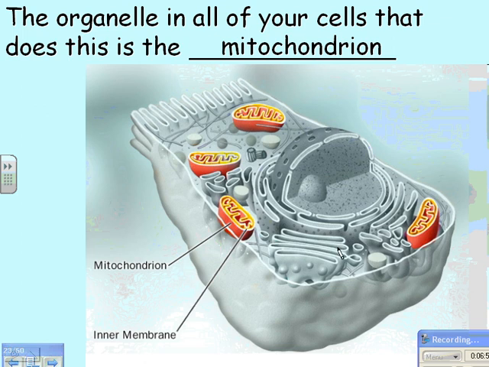There are a bunch of other organelles in here. You've got the Golgi body, the endoplasmic reticulum, and a lysosome, and a centriole over here. But the mitochondria are the ones that do this. There are certain bacterial cells that don't use a mitochondria to do this process. But all complicated cells do it this way.